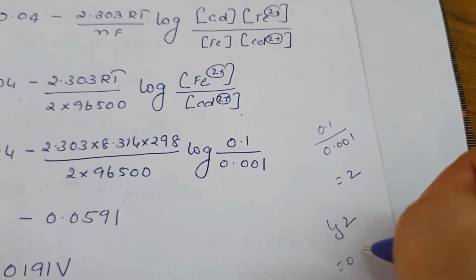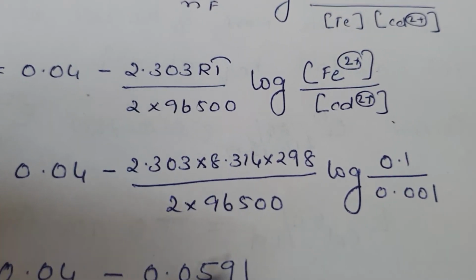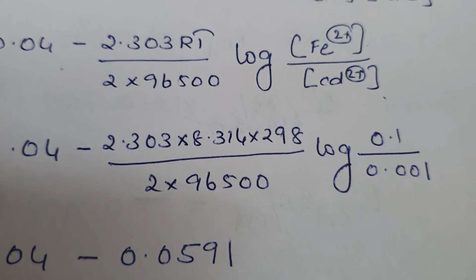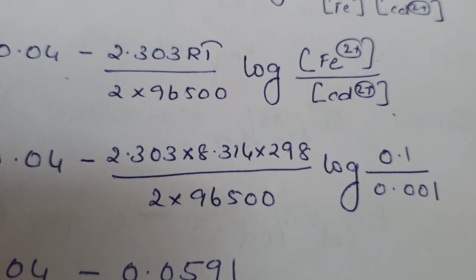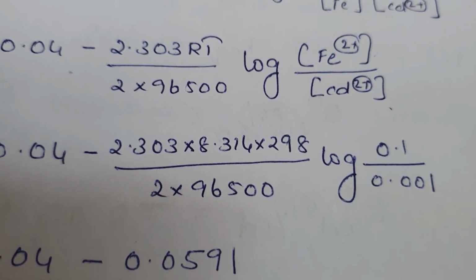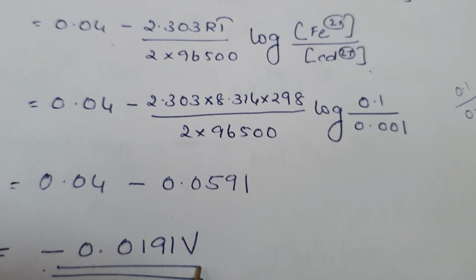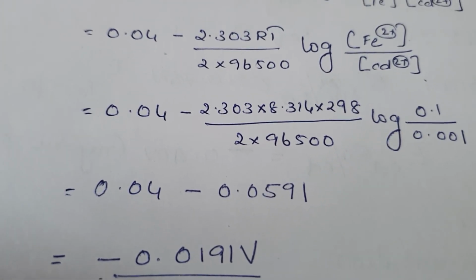Log 2 is equal to 0.3010. So when we multiply, what we get as answer is 0.0591. And when we do this, 0.00191 we will get. Okay, so this is the EMF of the cell.